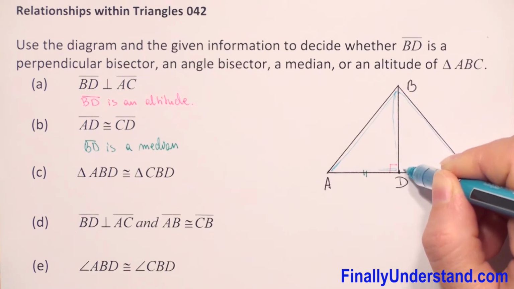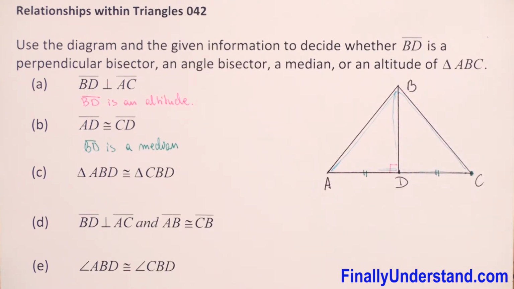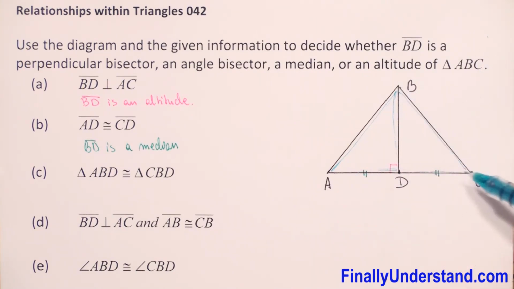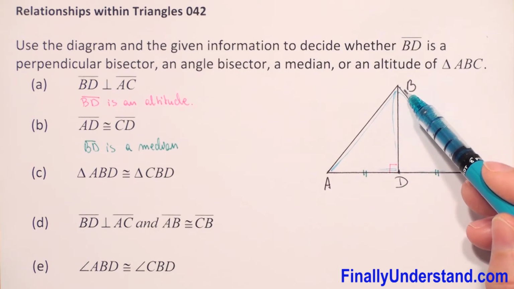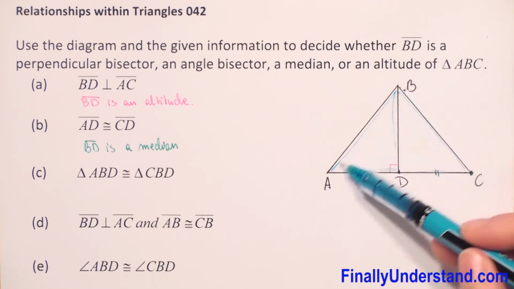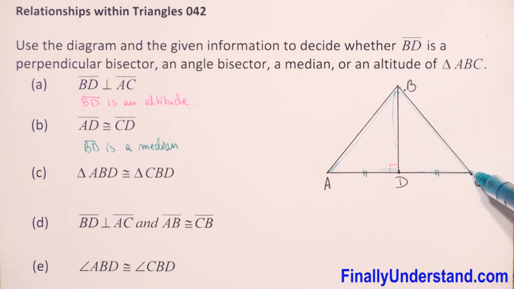What does it mean? It means that corresponding parts of congruent triangles are congruent. So AB is congruent to CB. We can write that BA is equal to BC.